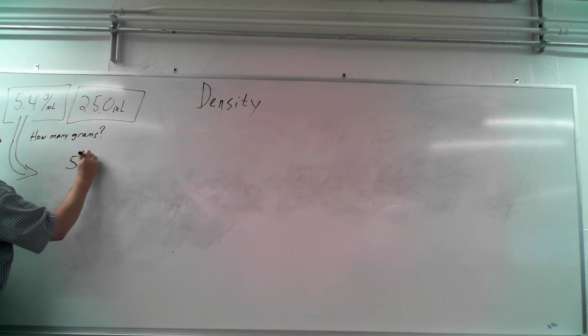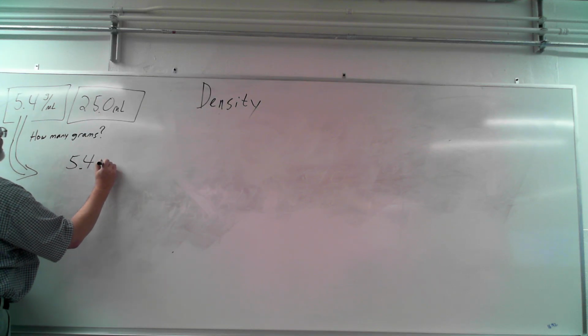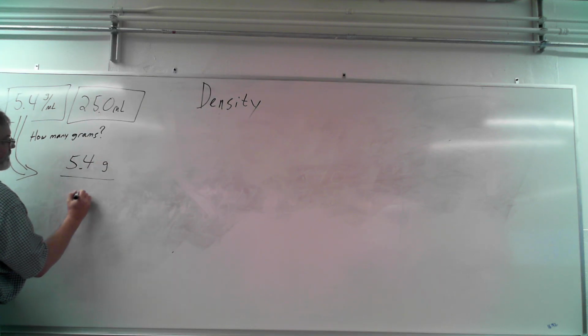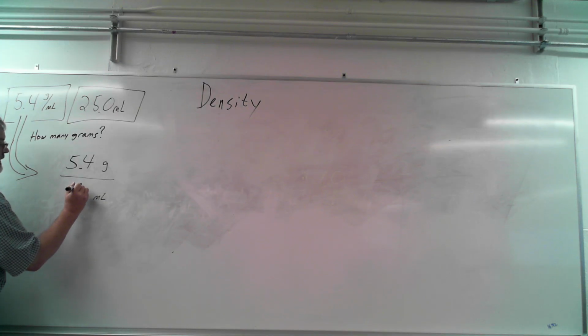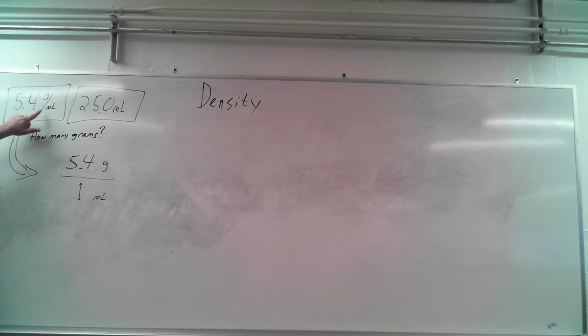So 5.4 grams, and then do it like this. This is a 1. There's always a 1 with the 1 on the bottom when it's written this way. And then this numerical value goes with what's on the top. And that's always true. So we're doing density now. This is a statement of density.